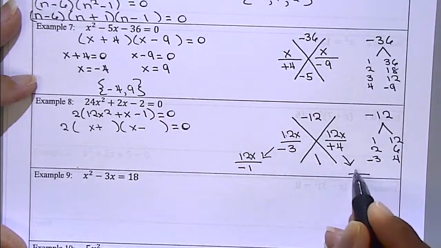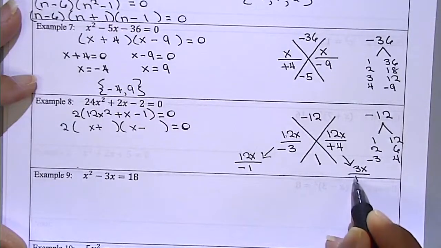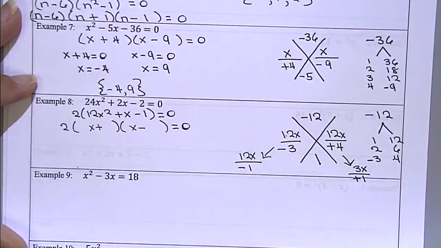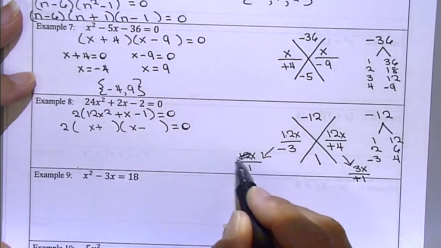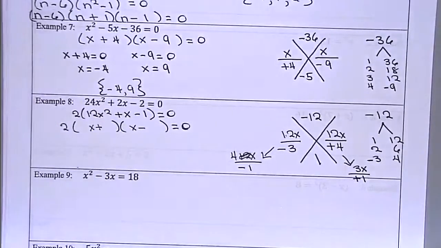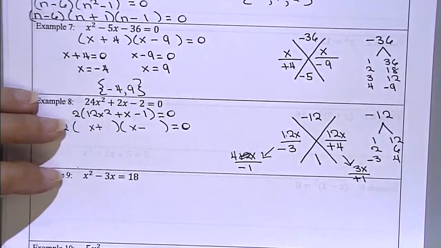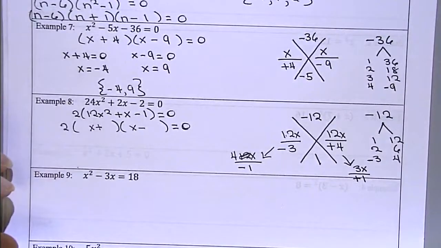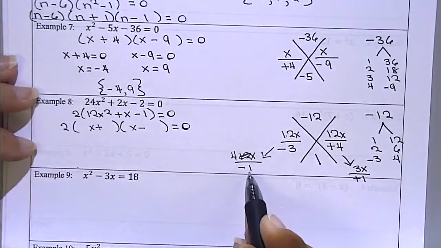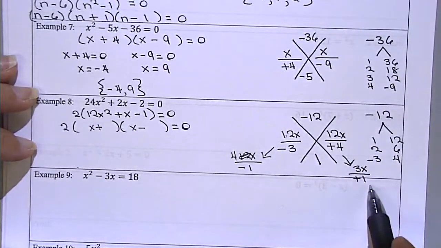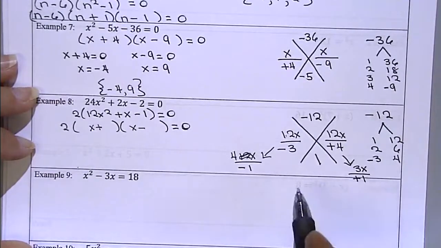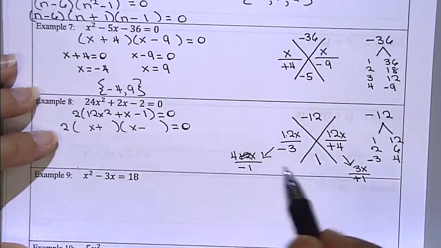That's going to give me a 3x over a positive 1. Yeah, thank you. Did I say it and write it wrong? I heard myself say it right. Anyway, so I got a 4x over a negative 1, right? A 3x over a positive 1. Did I get that right? Okay, let's put them in the factor pairs.